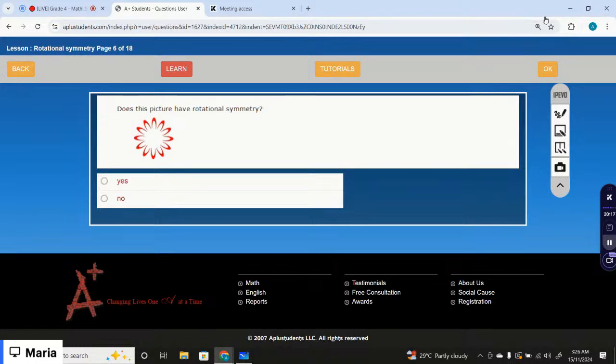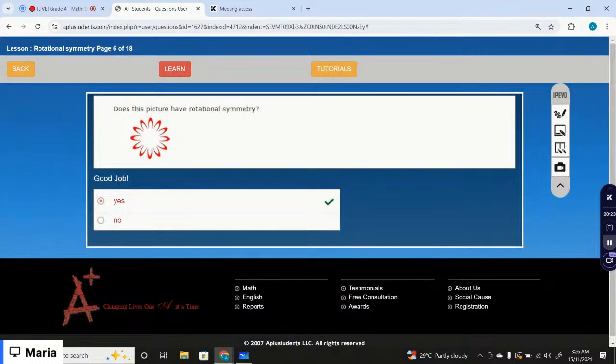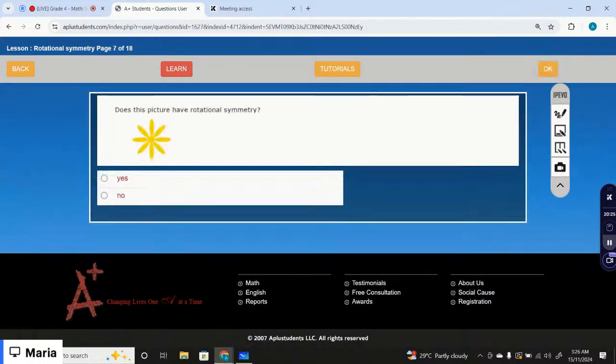Yes, it is. Option number one is the correct option, right? Does this picture have rotational symmetry?